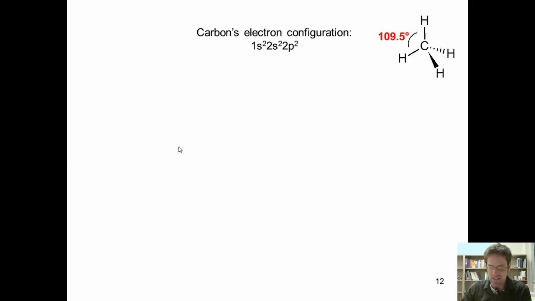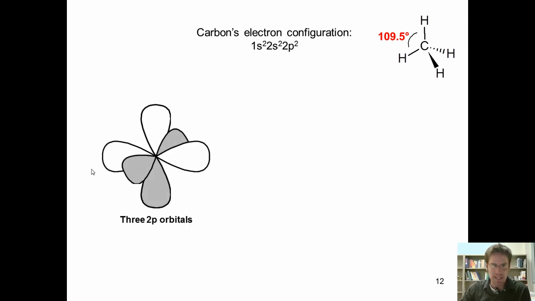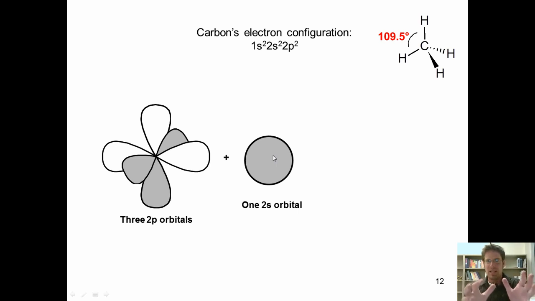Well, what carbon does is it takes its three 2p orbitals, shown here, and its one 2s orbital, and it combines them. So if you could imagine that these four different orbitals, the three 2p orbitals and this one 2s orbital, were all made out of molding clay, and I took them in my hands and squished them all together, and then I took all of that molding clay and separated it out equally into four separate orbitals that are all equal size and shape, that's essentially what carbon's doing.